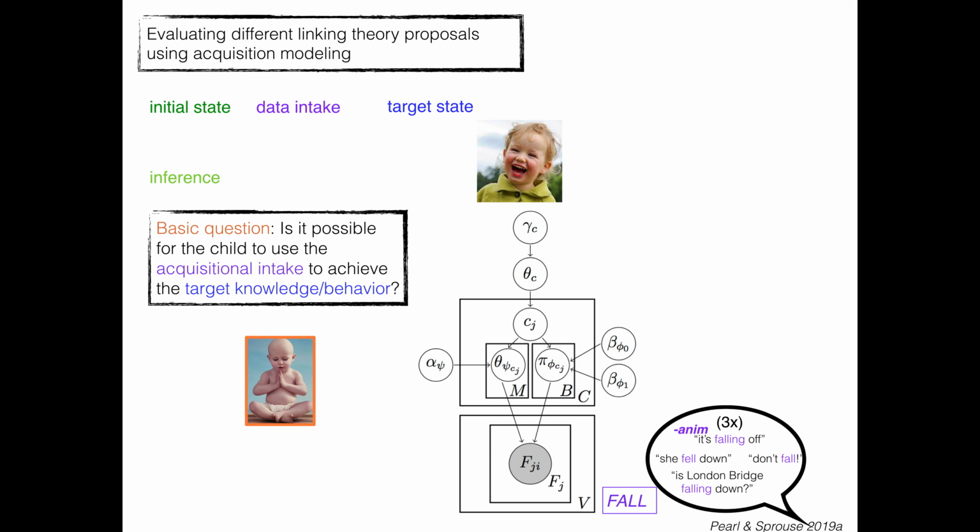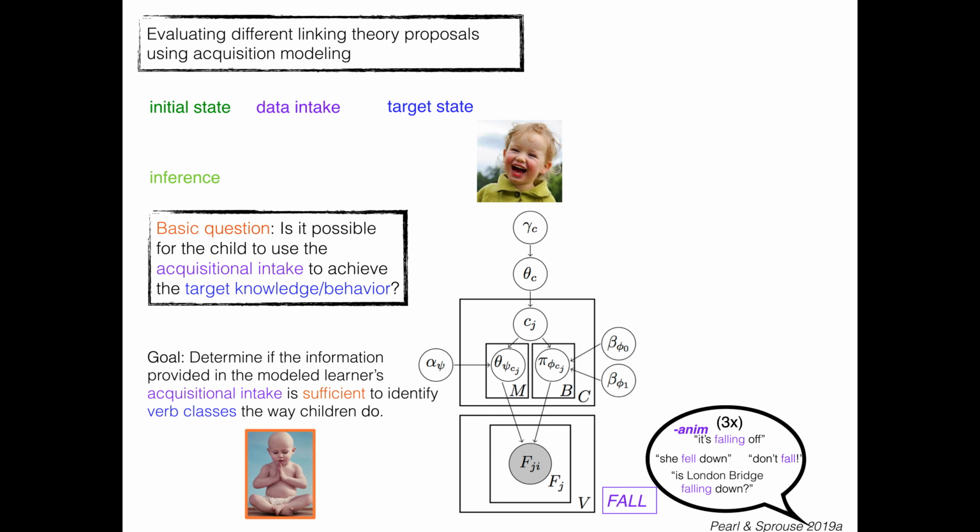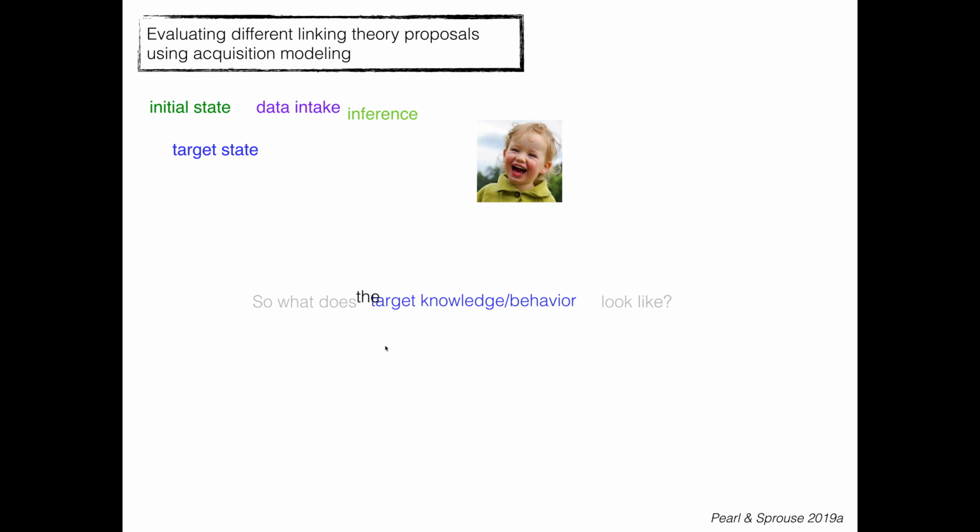And we're going to basically be determining if the information provided in the modeled learner's acquisitional intake, all that animacy information, the syntactic frame information, the linking information, is it sufficient to identify verb classes the way that children seem to?